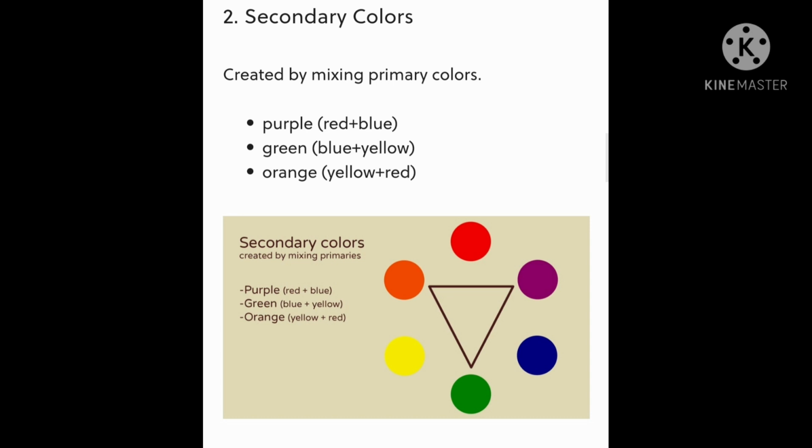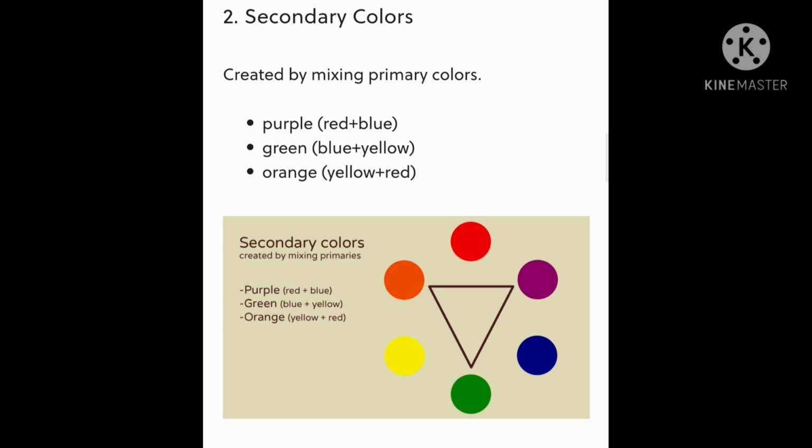These are actually created by mixing our primary colors. First, let us see about purple. As we can see, blue and red can be mixed together to obtain a purple tone.